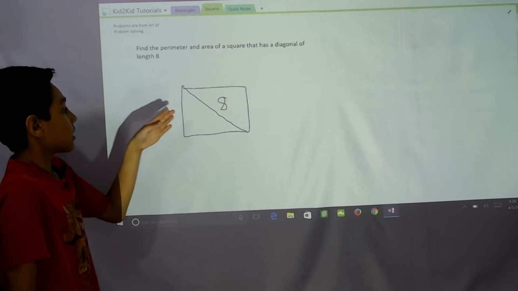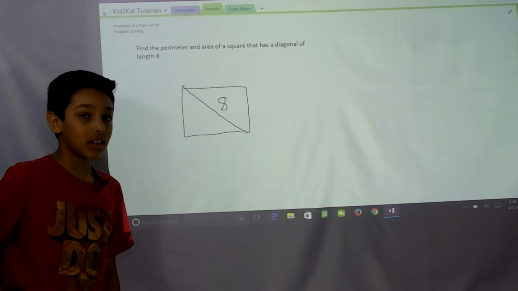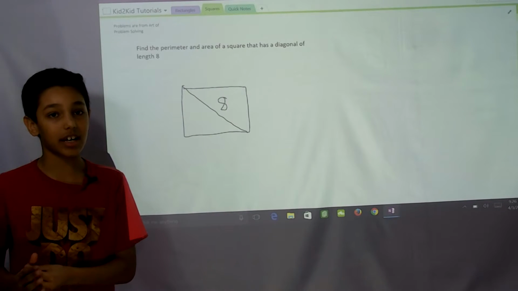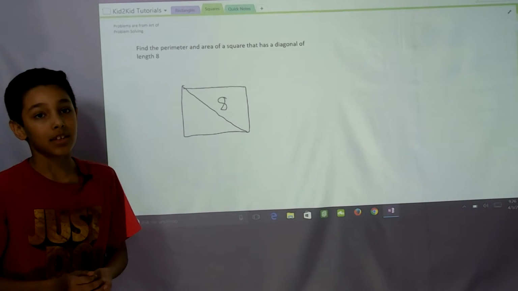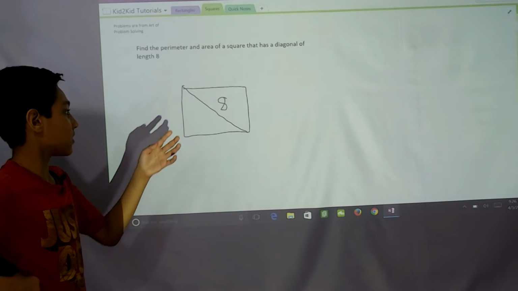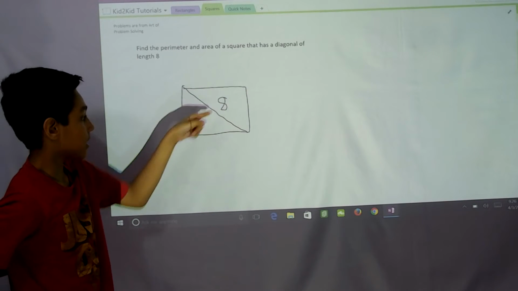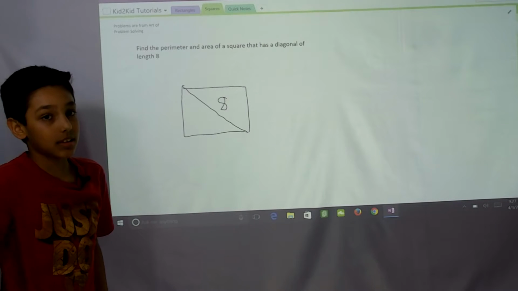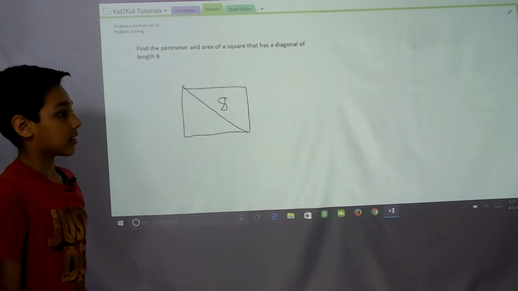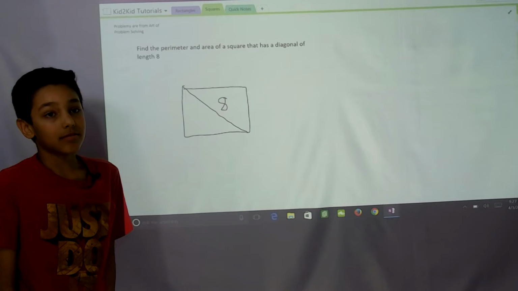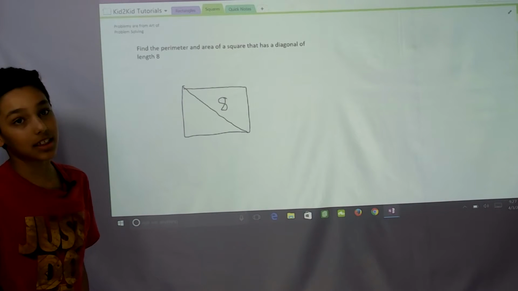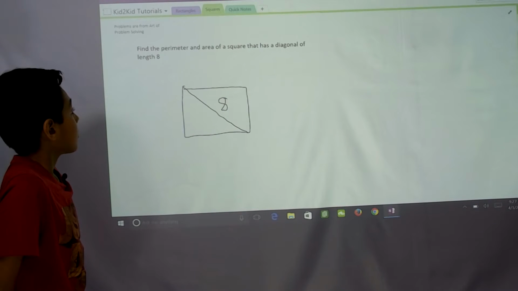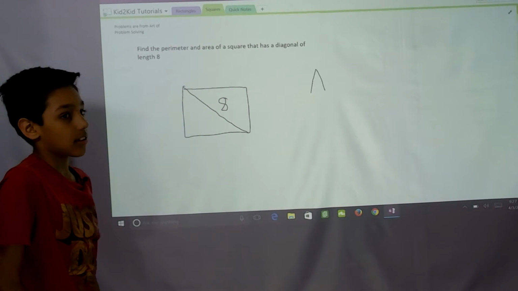So then, since the square is also a rhombus, we know that half of the product of the two diagonals is the area. So the product of the two diagonals, which is 8, times this diagonal, which is another 8. So we have 8 times 8 divided by 2, which equals, of course, 32. So 8 times 8 is 64, divided by 2 is 32. So we know that the area is 32.